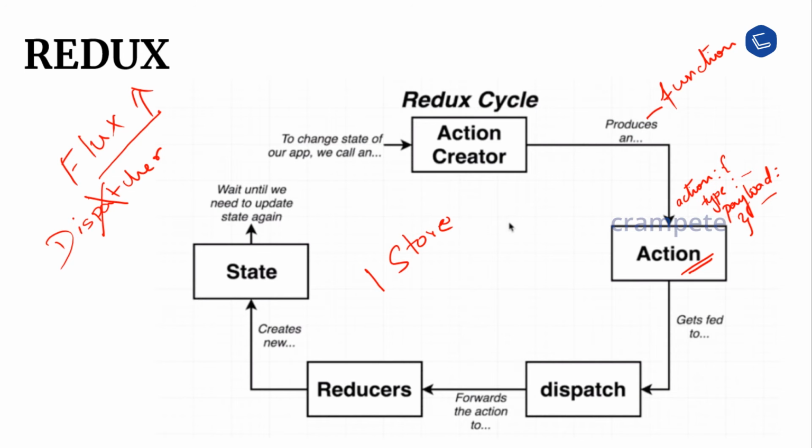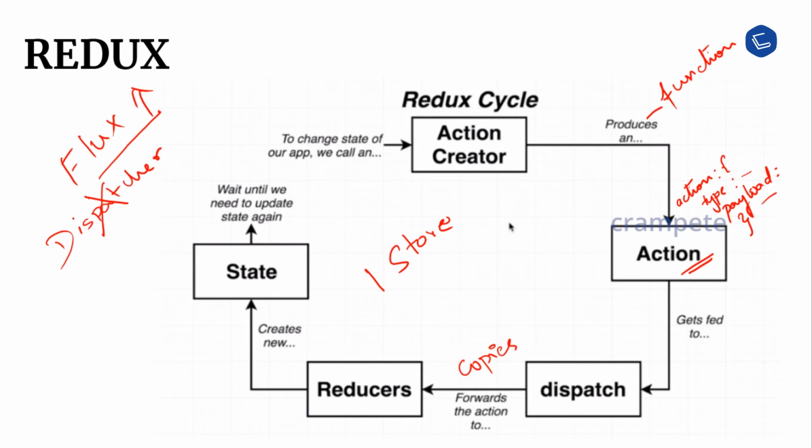Now it gets fed to the dispatch. It's a function that takes in the action, makes copies of that action and sends them to the reducer. The reducer is also a function that takes in the action and some existing data.